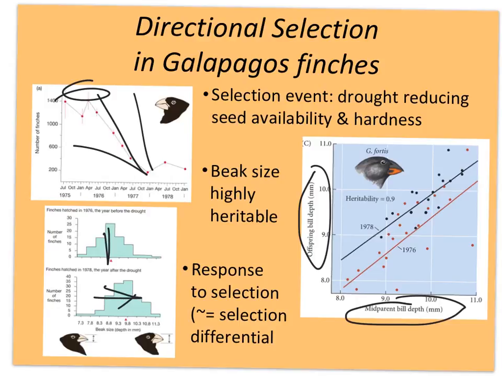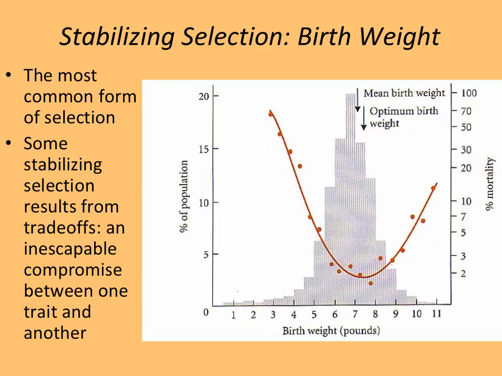There's a strong correlation in terms of bill size, right? And it turns out that bill size is heritable. The ones that were left had more offspring with thicker bills. So this is an example of directional selection. Okay.